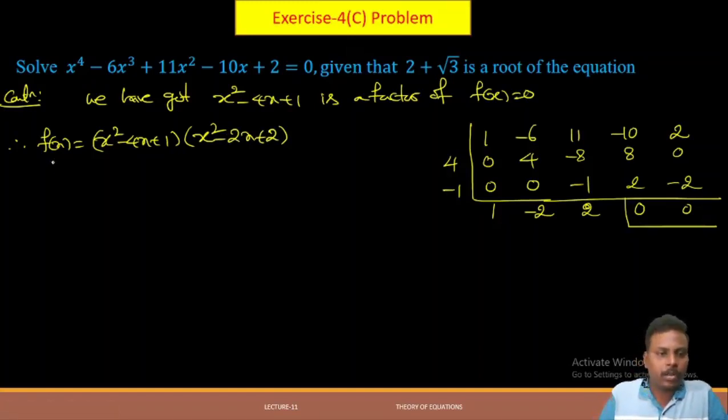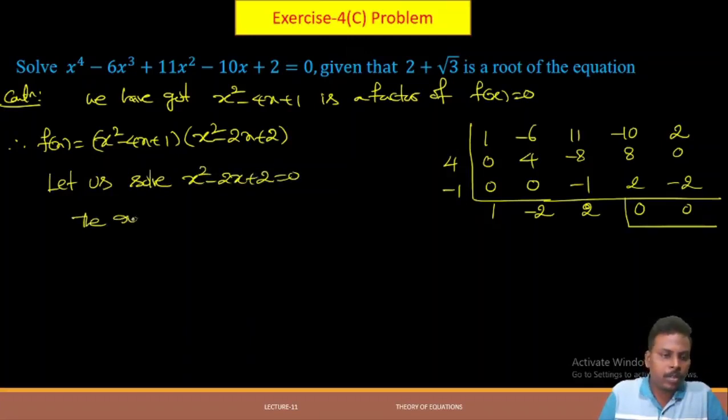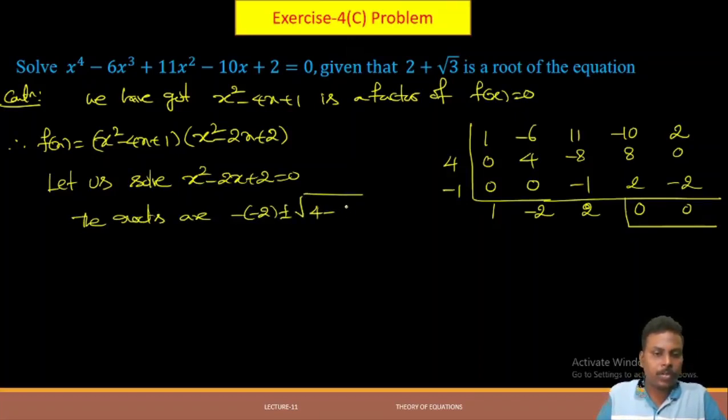Let us solve this. Now let us solve this equation. Let us solve x square minus 2x plus 2 is equal to 0. The roots are minus of minus 2 plus or minus square root of b square, that is 4, minus 4 into a into c. So it is 4 into 2, divided by 2.